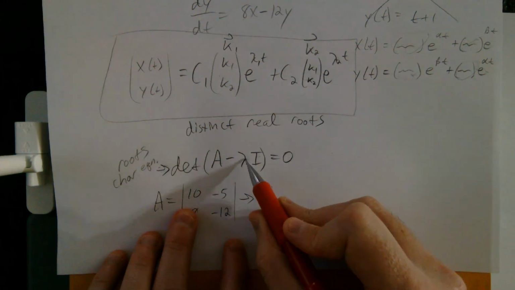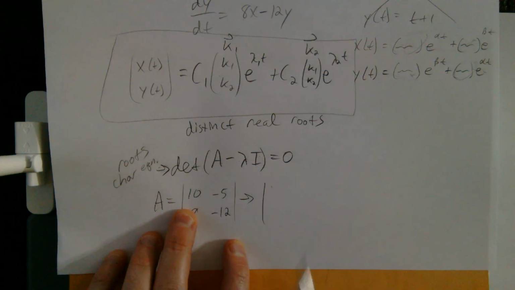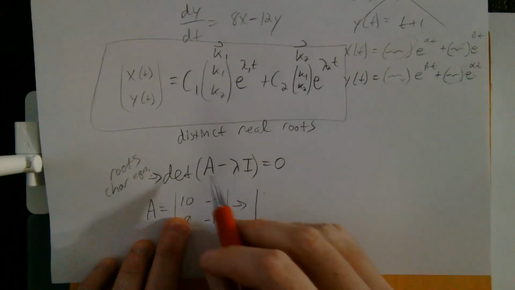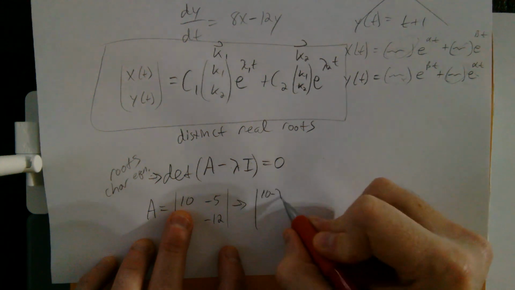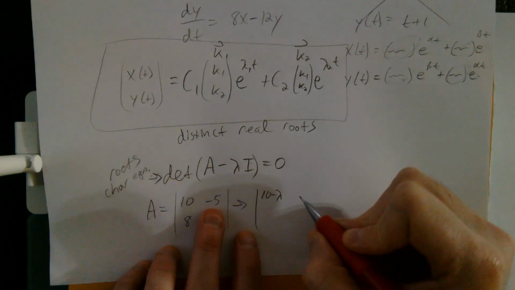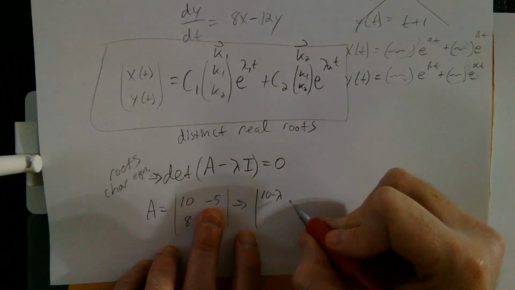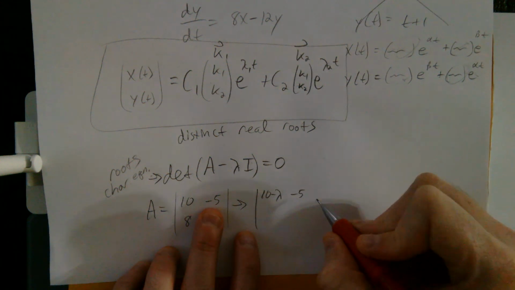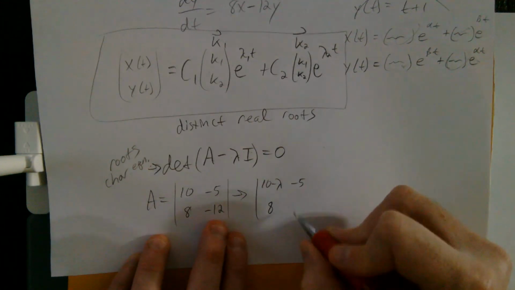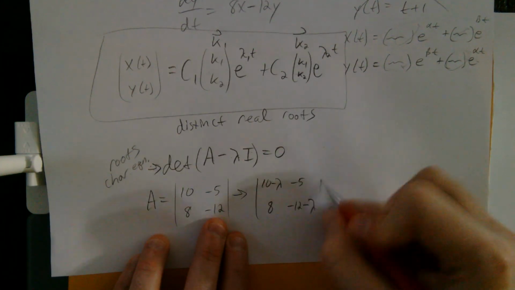So when we multiply lambda times I, we'll get lambda, 0, 0, lambda. A minus lambda I is 10 minus lambda, negative 5 minus 0, 8 minus 0, negative 12 minus lambda.